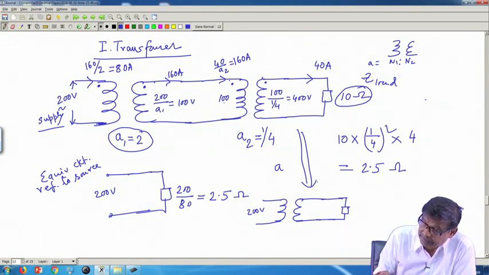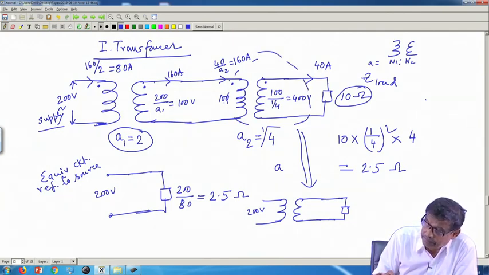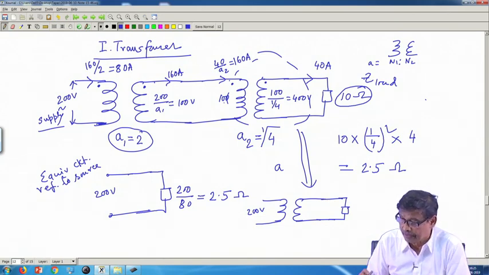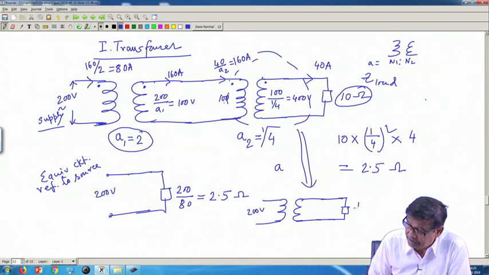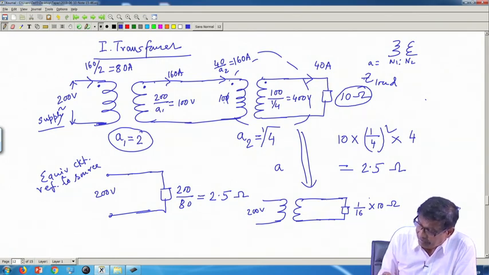Here this transformer, I will replace. So, this impedance will appear to be A square into 10, A is 1/4. So, it will be 1 by 16 into 10, so much ohm, if any mistake point out. So, I can do it like that also, and then this 10 by 16 and this transformer turns ratio is 2.